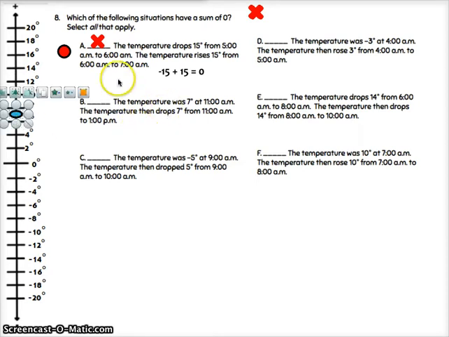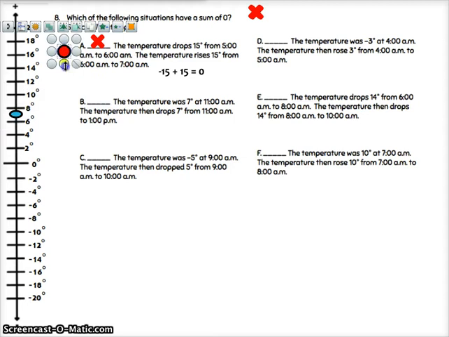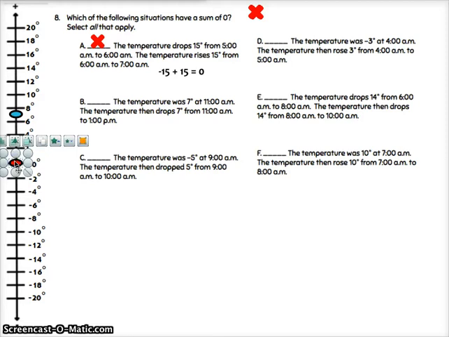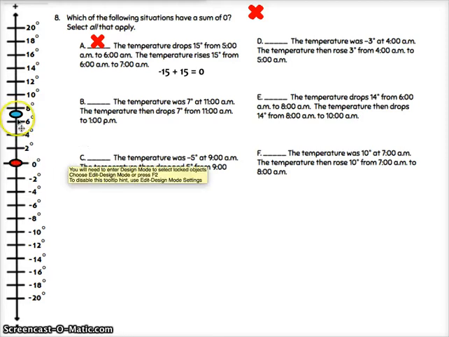And then the temperature drops 7 degrees from 11 a.m. to 1 p.m. So we started at 7, and then the temperature drops 7 degrees. 1, 2, 3, 4, 5, 6, 7. Okay, if you start at 7 and you take away 7, you do end up at 0. So that situation represents a sum of 0.